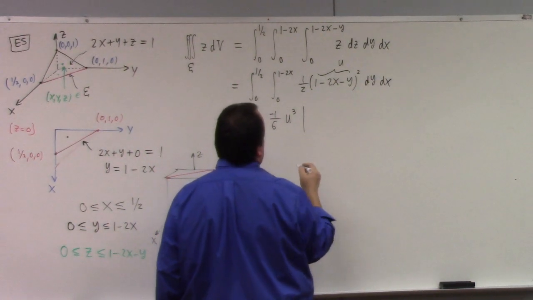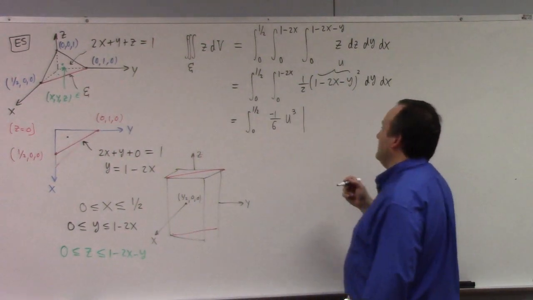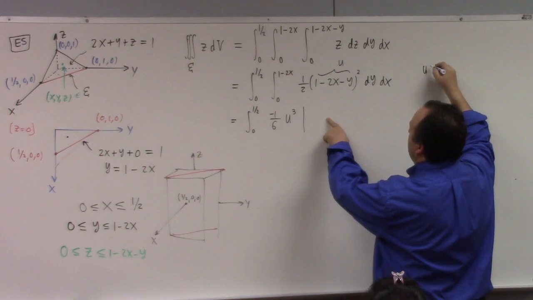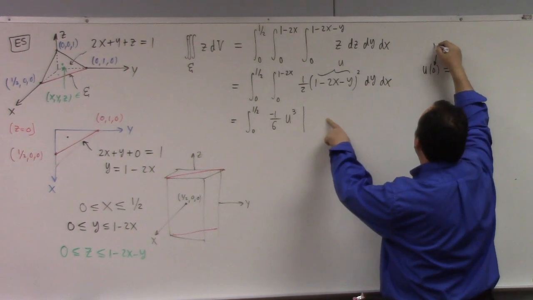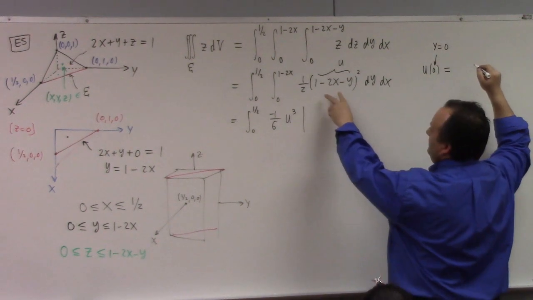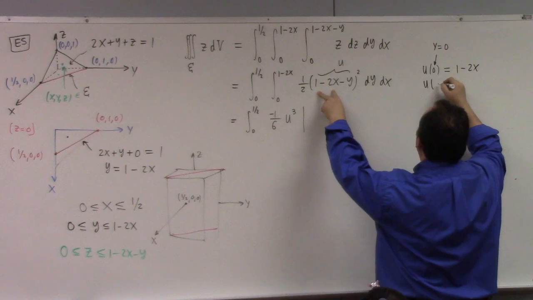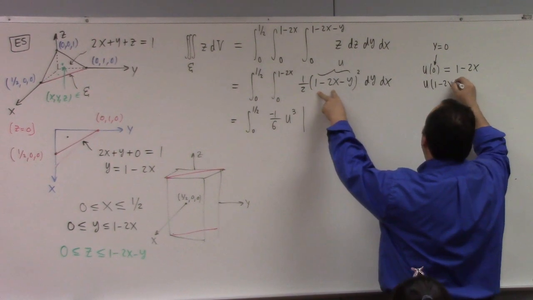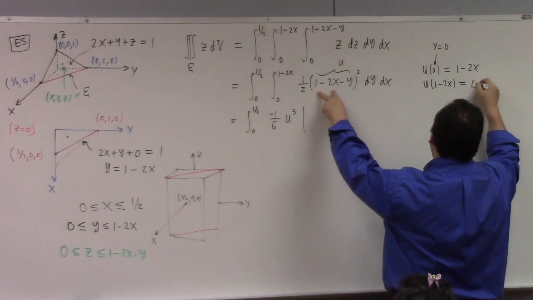And then evaluated from, well, that's the question. What is my bound here? What's u of 0? And that's u of y equals 0, right? So u of y equals 0 is 1 minus 2x. U of 1 minus 2x is what? Oh, it's 0, isn't it?